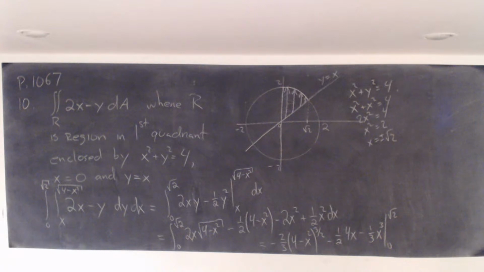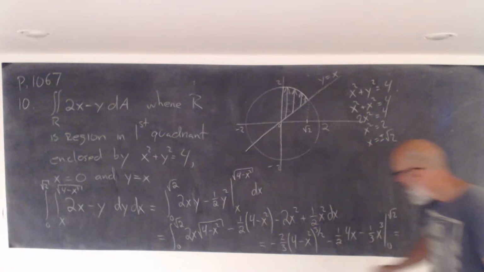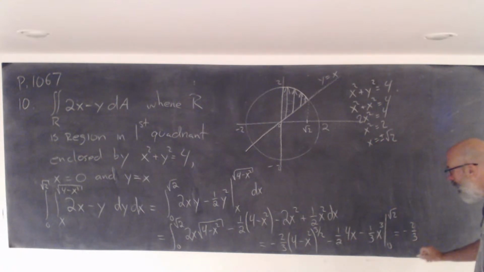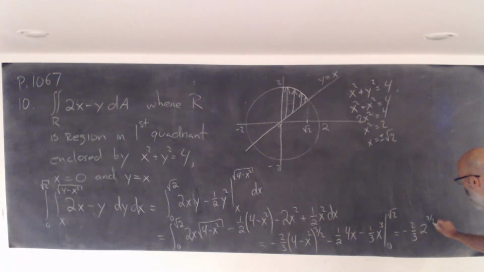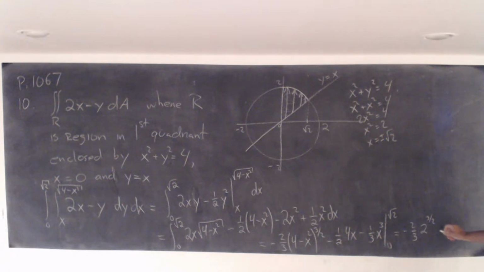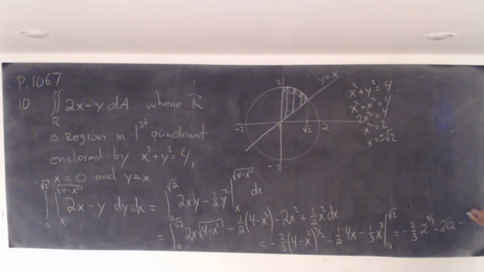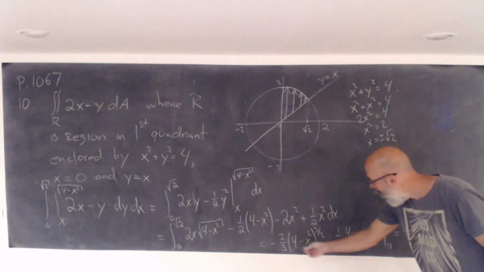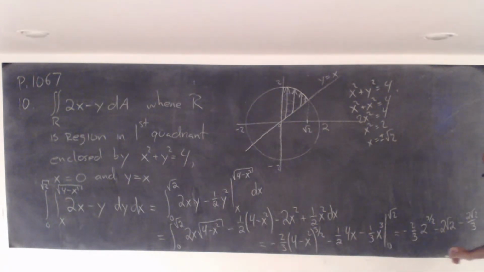All right. And what is this? This is minus 2/3. And this is going to be 2 to the 3 over 2. And this is minus 2 root 2, minus 2 root 2 over 3. When you plug in 0, this is 2 times 4 times 2, so that's 16 over 3.